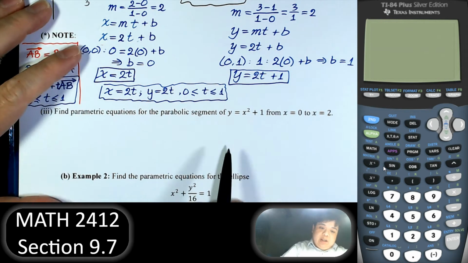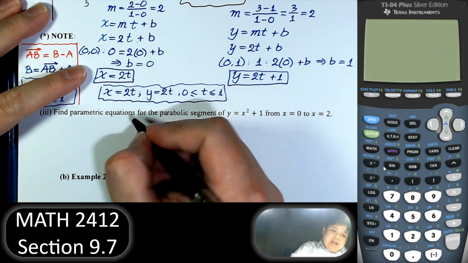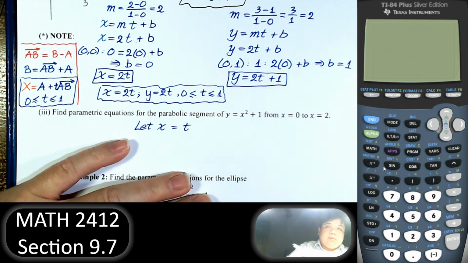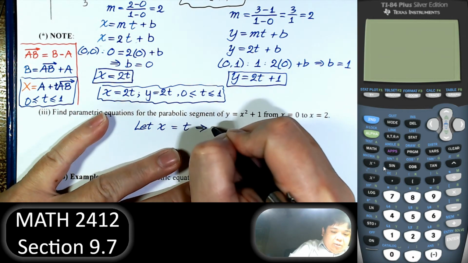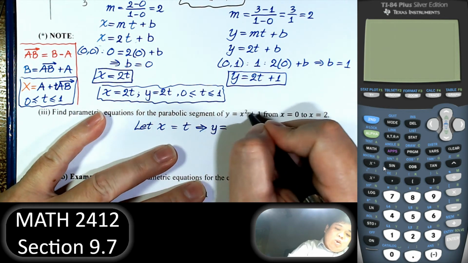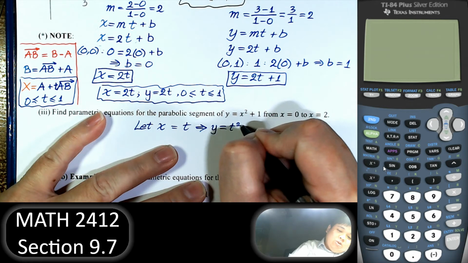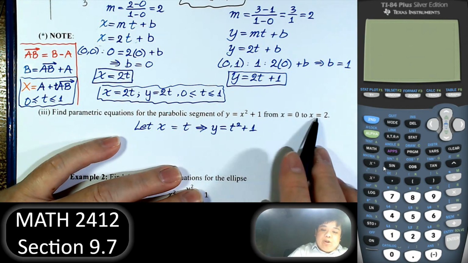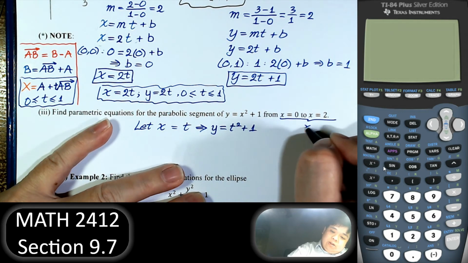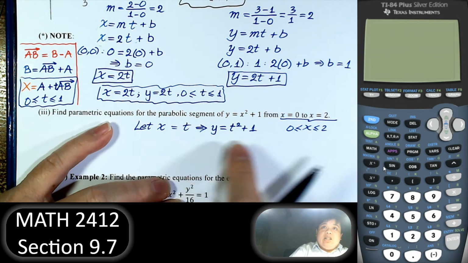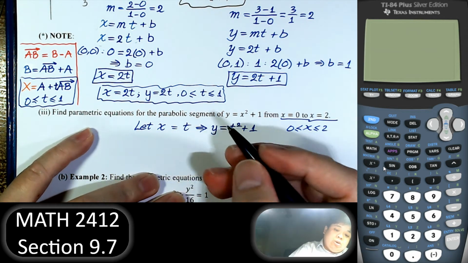Well, this is easy. We have y equal to x squared plus 1. Why don't we let x be t, and then we have y equal to t squared plus 1, and then x goes from 0 to 2, and t is equal to x, so t is between 0 and 2 as well.